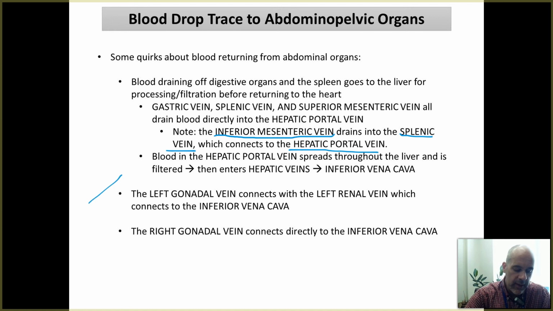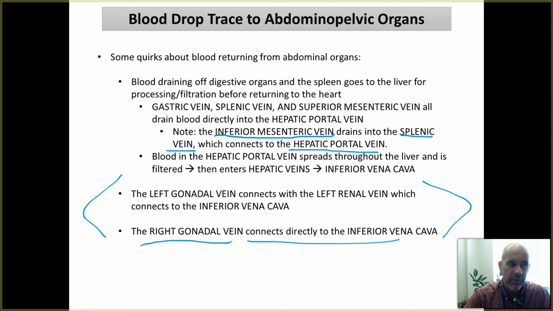Then we've got a couple little quirky things with your gonadal veins. The left gonadal vein does not connect directly into the inferior vena cava. The right one does. The right gonadal vein carries deoxygenated blood from the right gonad, ovary or testis, directly into the inferior vena cava. The inferior vena cava is going to bring that to the right atrium.